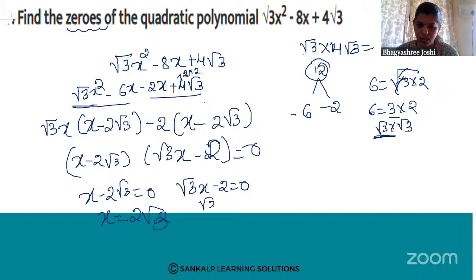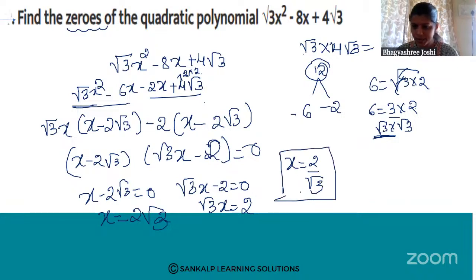And root 3x is equal to 2, so x is equal to 2 divided by root 3. One zero is 2 divided by root 3, another zero is 2 root 3. So the 2 zeros we got are 2 root 3 and 2 divided by root 3. This question can be asked for 2 marks.